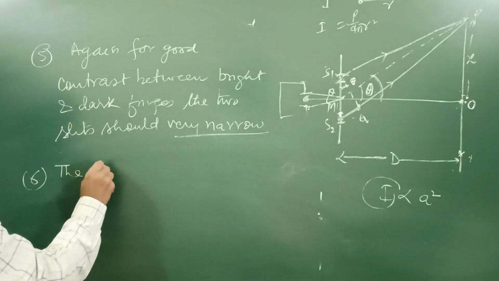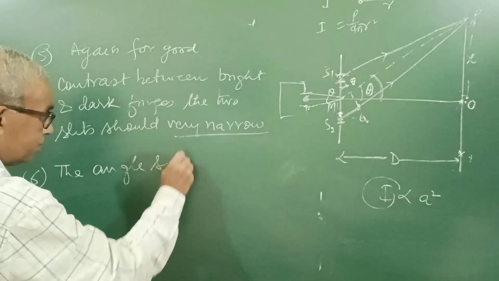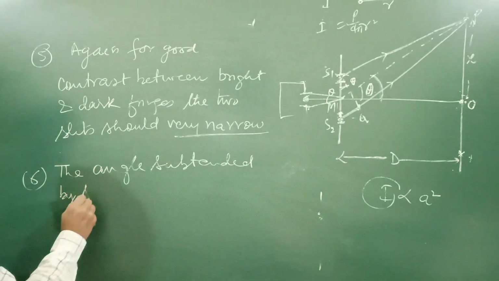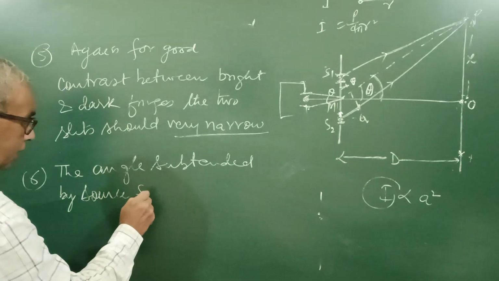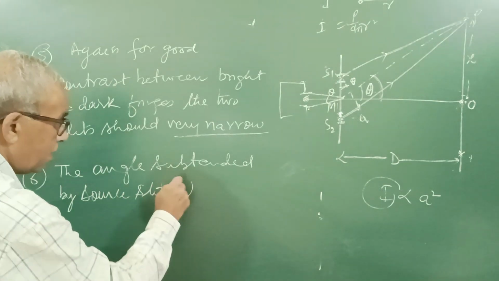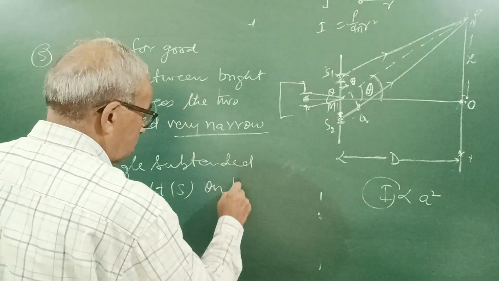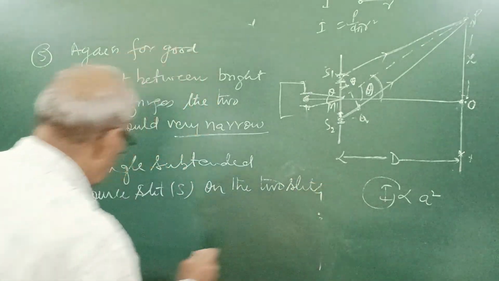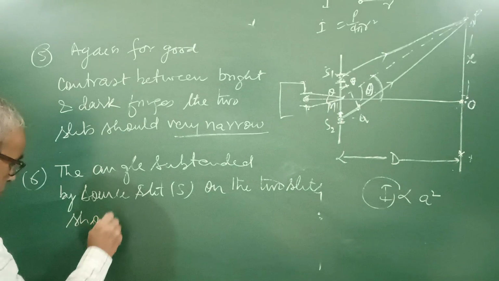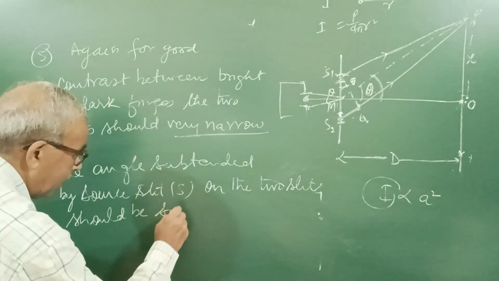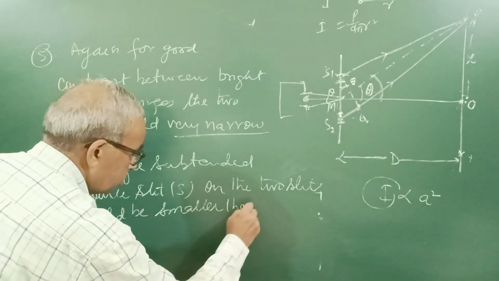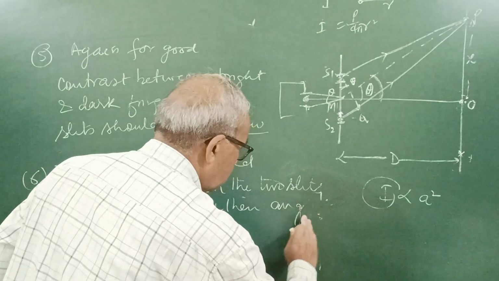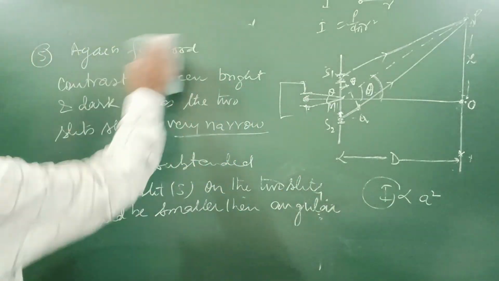The angle subtended by the source slit S on the two slits should be smaller than the angular width of fringes.